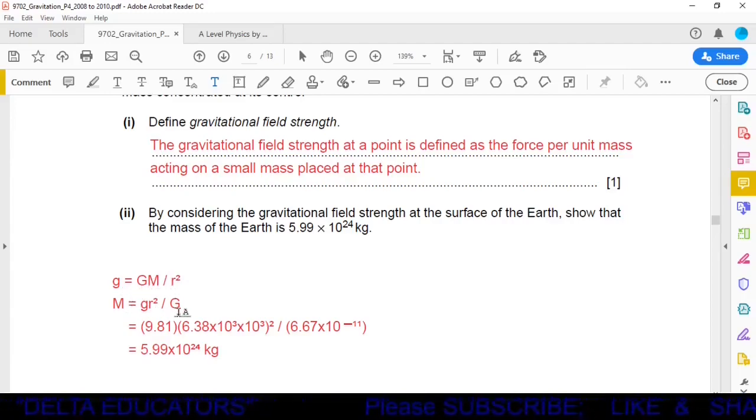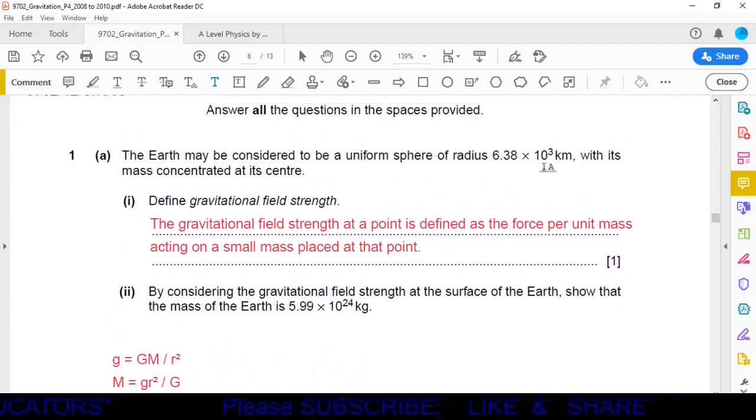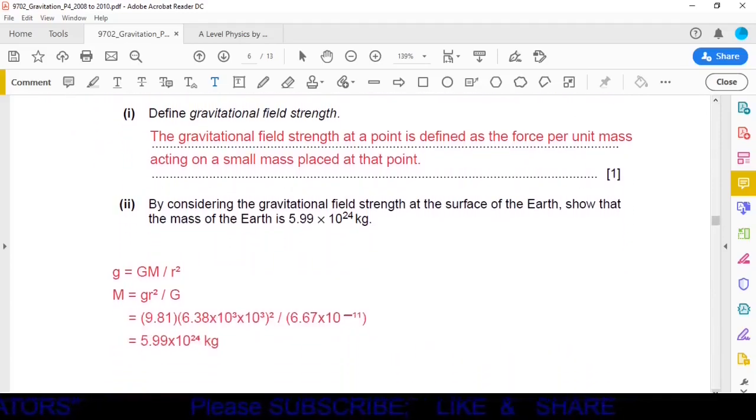Now we have to substitute the values. g is acceleration due to gravity or free fall. Its value is 9.81. Now this R is the radius of Earth. Radius of Earth is given as 6.38 × 10^3 kilometer. This kilometer we have to convert into meter.